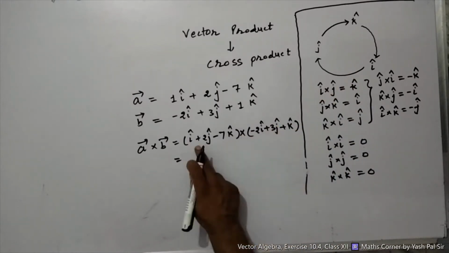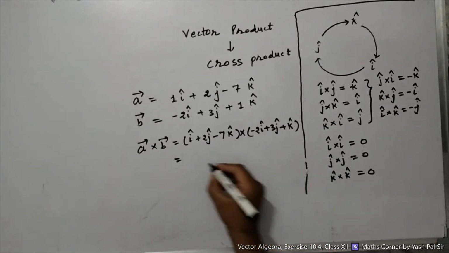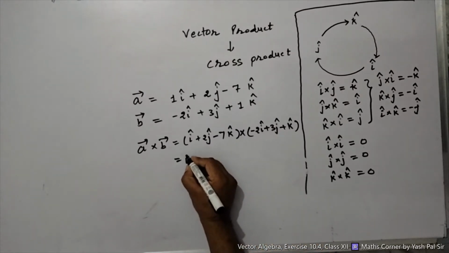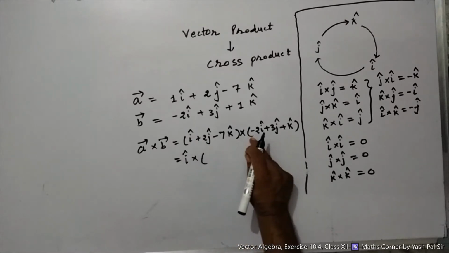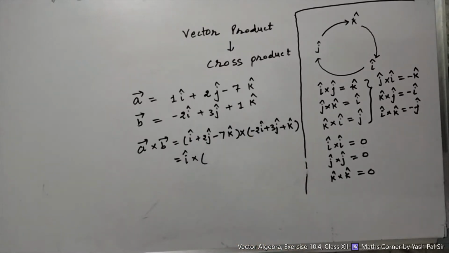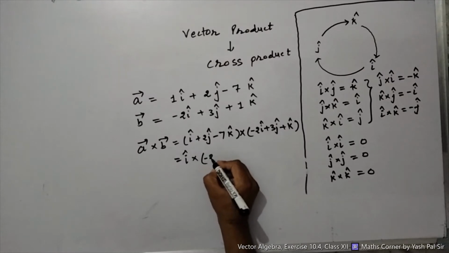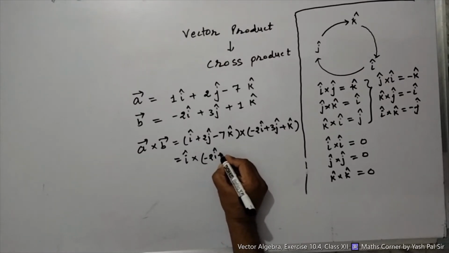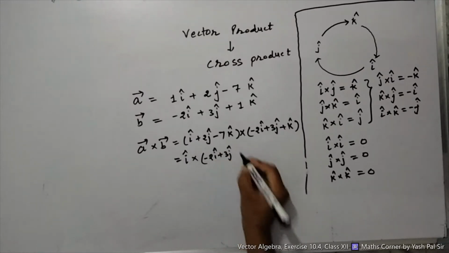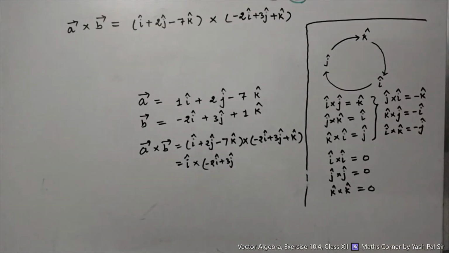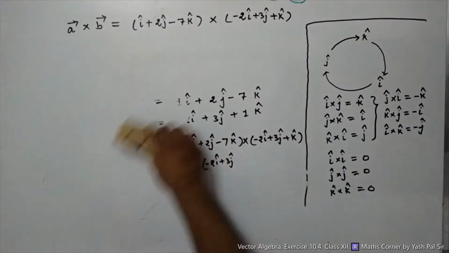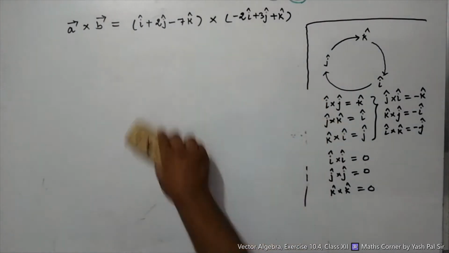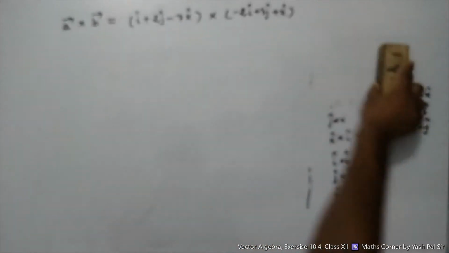First of all, we multiply I cross the second bracket, minus 2i plus 3j. Here I have written the value of A cross B. Now we shall try to solve this.